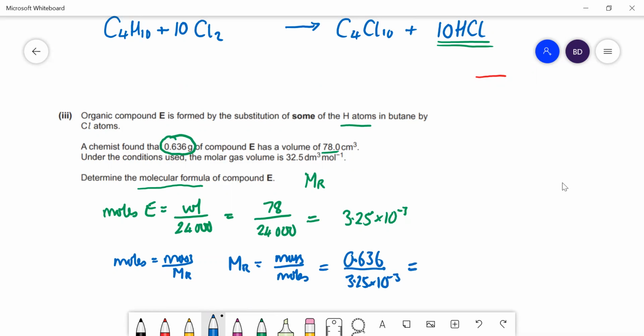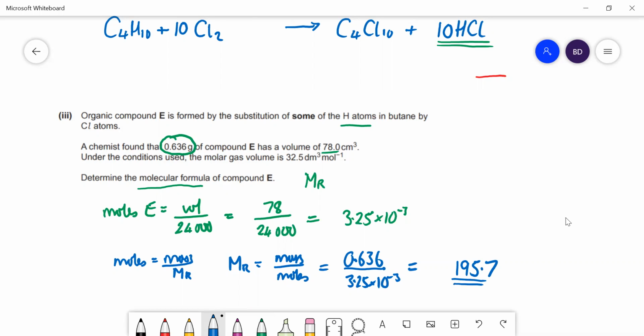That's equal to 195.7. Okay, 195.7 is the MR.